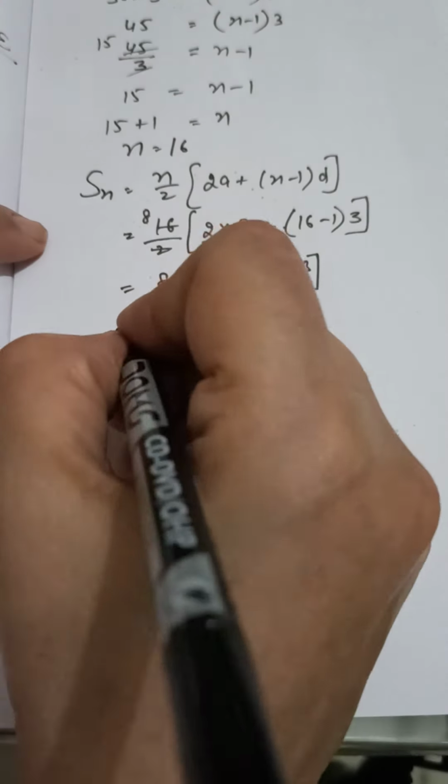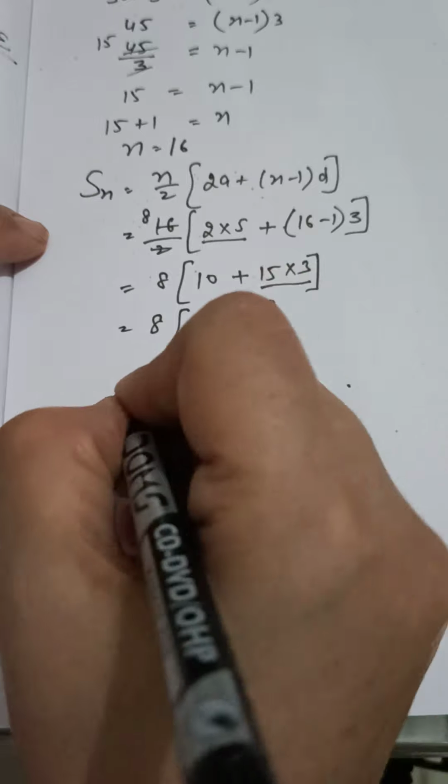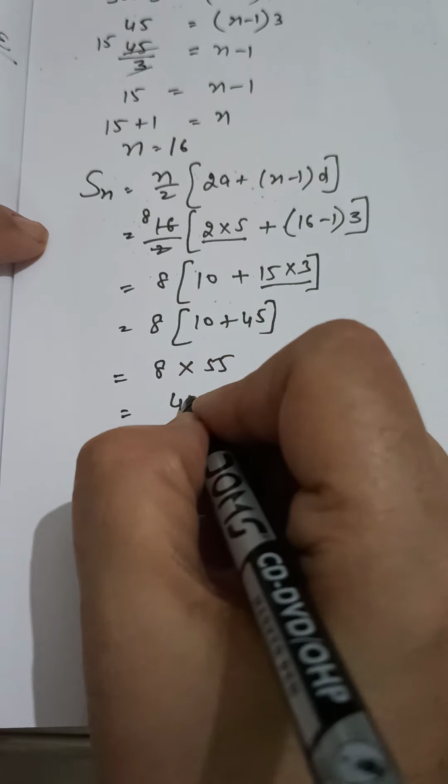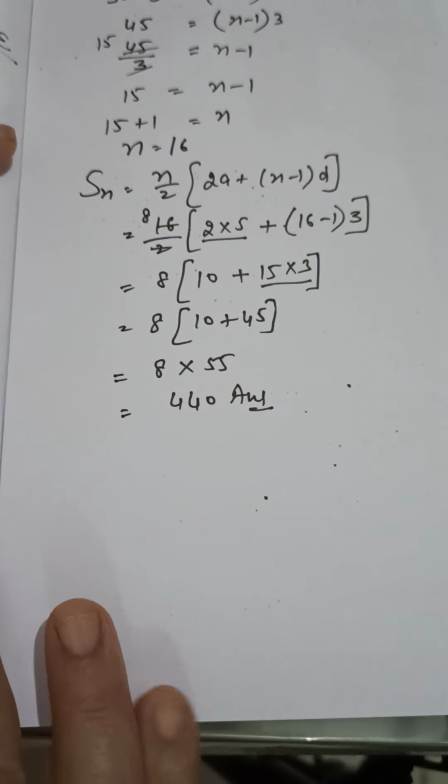That is 8 into 10 plus 45, that means 8 multiplied by 55, that is 440. Answer.